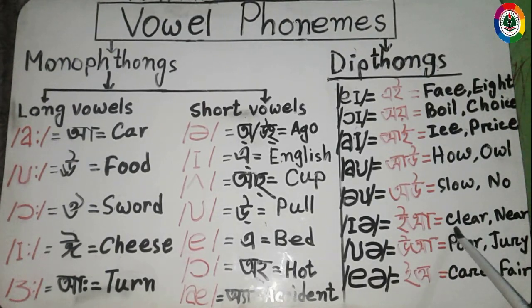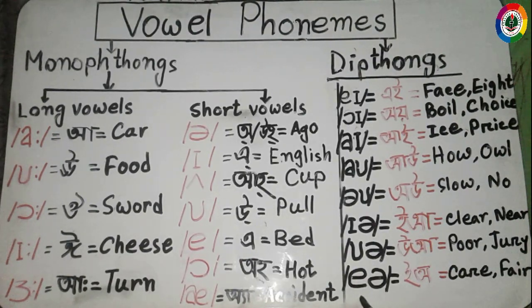The examples are clear, near. Then move to this side, ua, o, a. The examples are poor, jewelry.